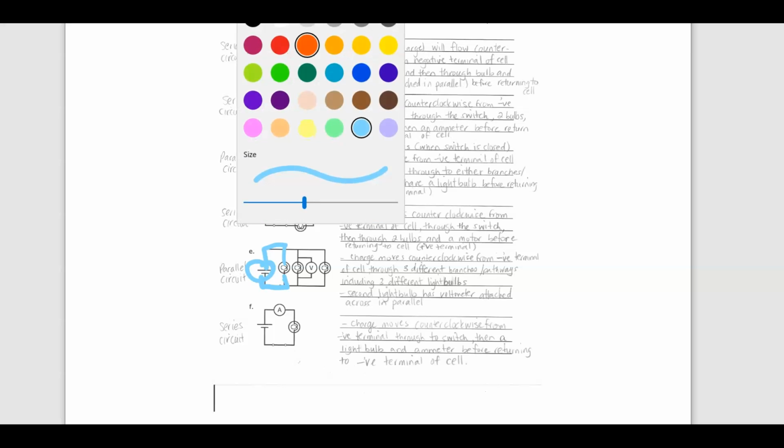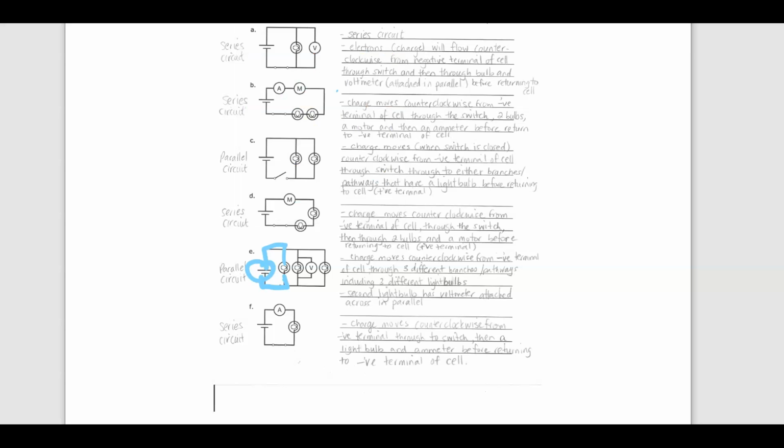And the reason for this is that in a parallel circuit, each of these bulbs has a direct connection with that energy source, okay? So this bulb is connected right here. It's got a direct connection. And then if you are talking about this second bulb, it also has a direct connection with that energy source.